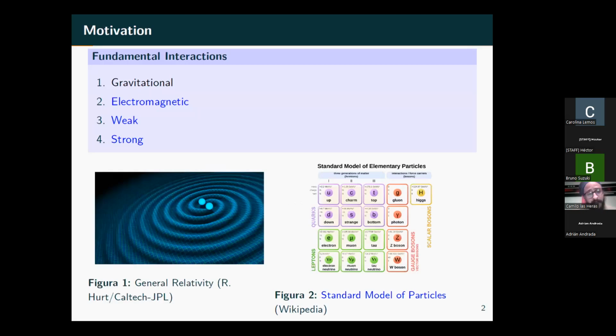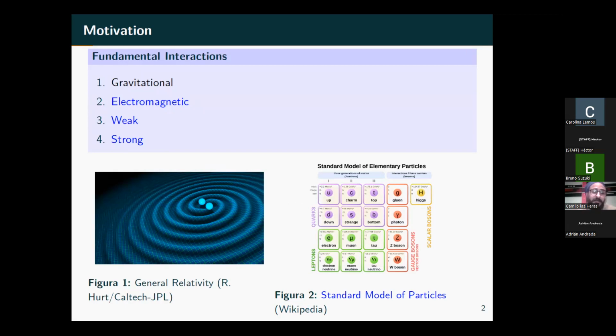All right, as a motivation, we know that in the universe that we live in, there are four fundamental interactions that can describe all the forces that exist in the universe. These are the gravitational interaction, the electromagnetic interaction, the weak and the strong interaction. The first interaction, the gravitational, is described by general relativity, which is a geometric theory.